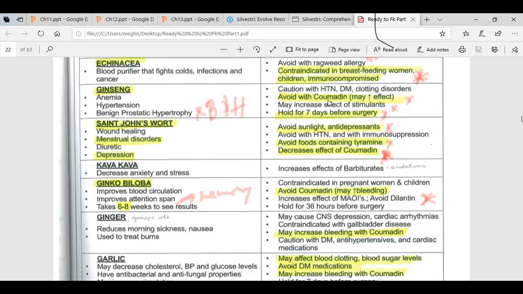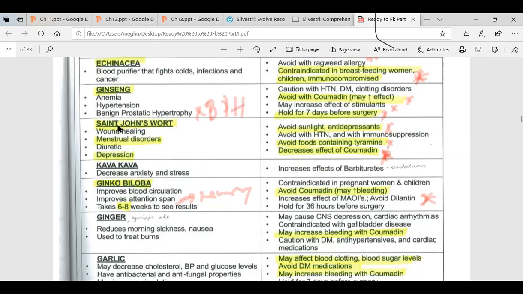If any patient takes a blood thinner like warfarin, heparin, or Coumadin, they are not an ideal candidate to use ginseng, right? Also we have to hold it for 7 days before any kind of surgical operation.